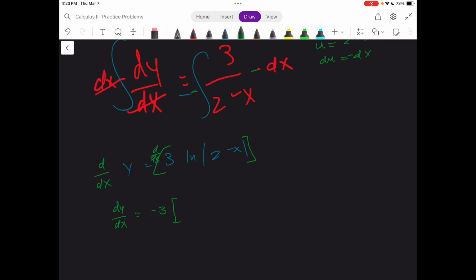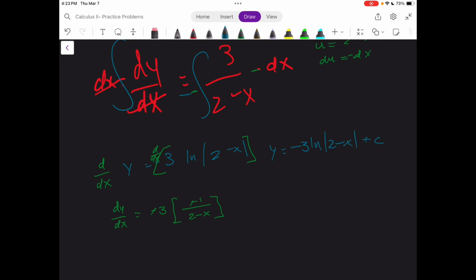Well, that just becomes u prime over u. So the 2 minus x stays on the bottom, and u prime comes on top. The negative cancels the negative. You have dy over dx is 3 over 2 minus x, which is what we started with. So the answer was indeed y equals negative 3 ln of the absolute value of 2 minus x.